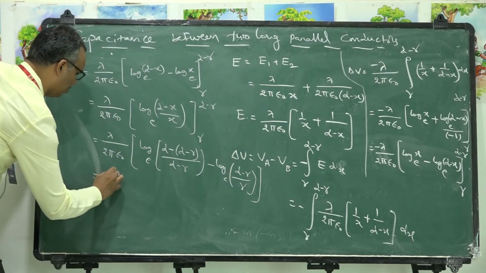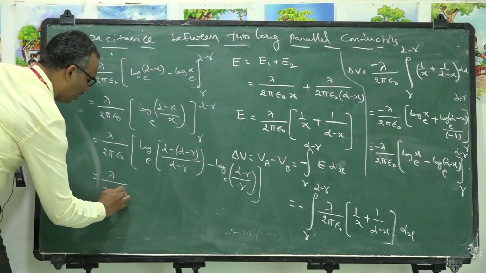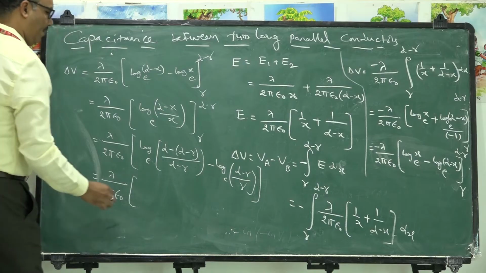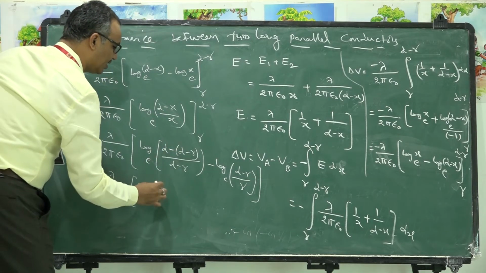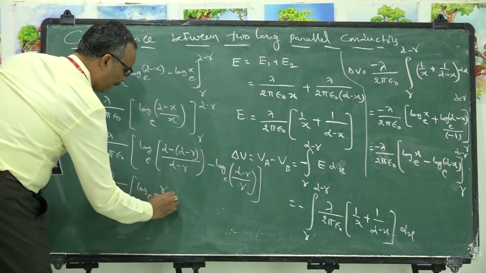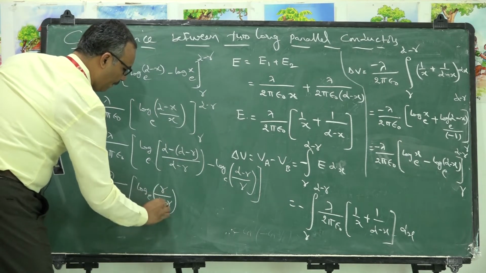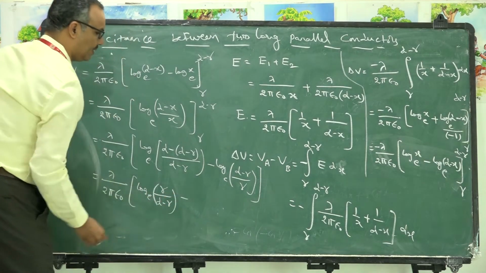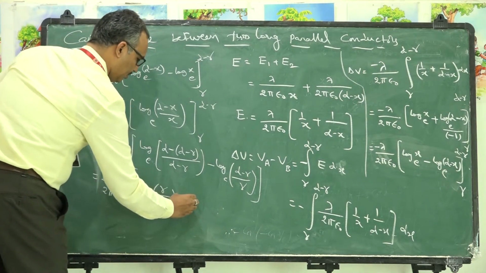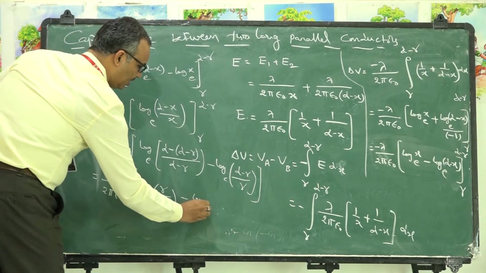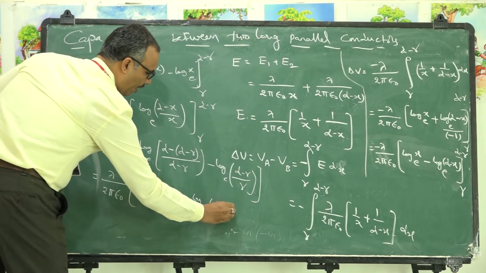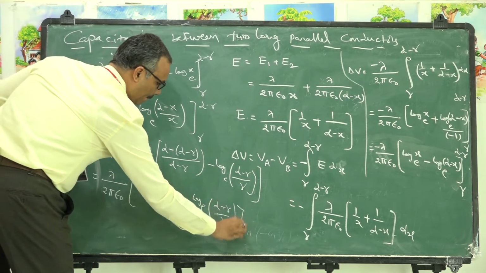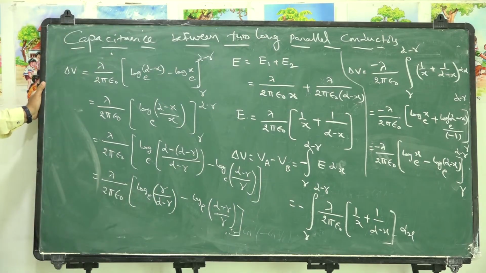So if you further simplify, lambda by 2 pi epsilon naught, log d minus d gets cancelled, r by d minus r minus log to the base e d minus r by r. This is the potential difference.